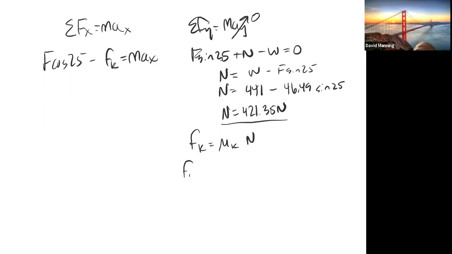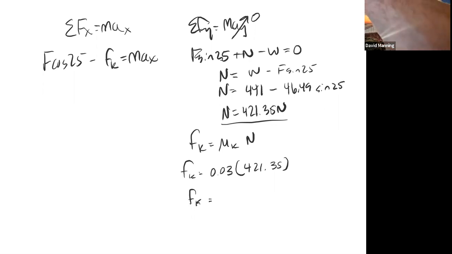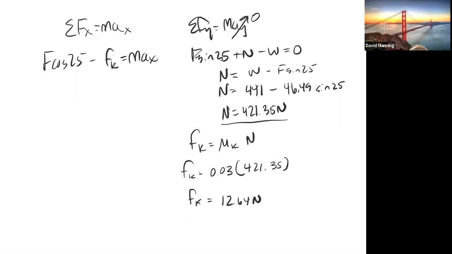So Fk equals 0.03 times 421.35. Fk equals 12.64 newtons. Now I have Fk, I know F, I know m, I can find the object's acceleration.